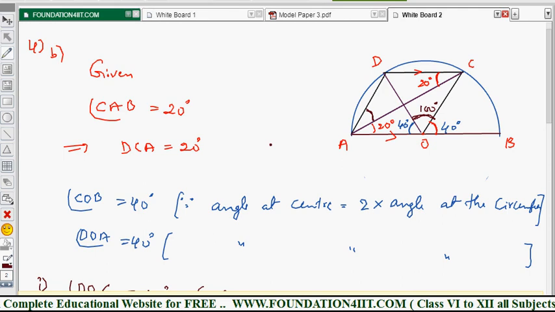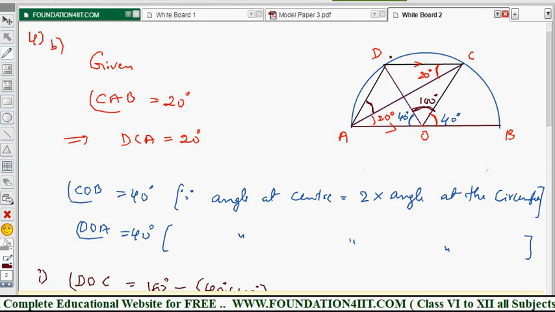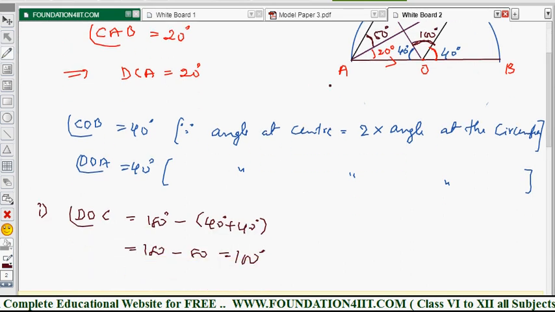DC is the arc, and the angle is subtended at the center, and from D and C to A at the circumference, so it should be half. If it is 100, this must be 50. So this is 50 degrees, that is DAC.